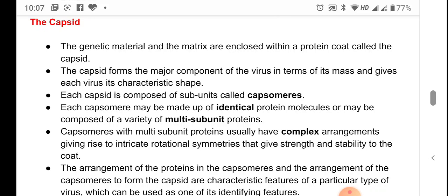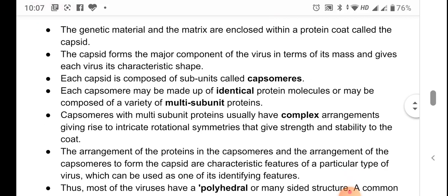In the other case, when it is made up of the same capsomeres, identical protein molecules make up the capsid. So a capsomere may be made up of identical protein molecules or may be composed of a variety of multi-subunit proteins. And when multi-subunit proteins are present in the capsomeres, that usually renders complex arrangements to the capsid. Complex capsids will be seen in those viruses which have multi-subunit proteins in the capsomeres.